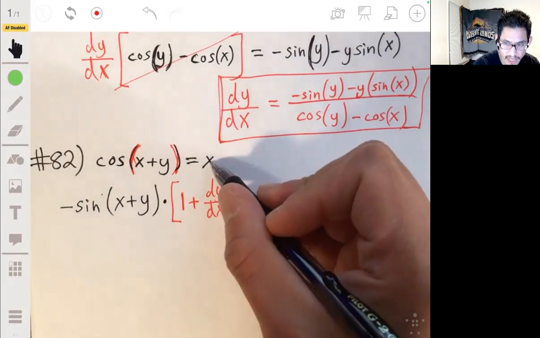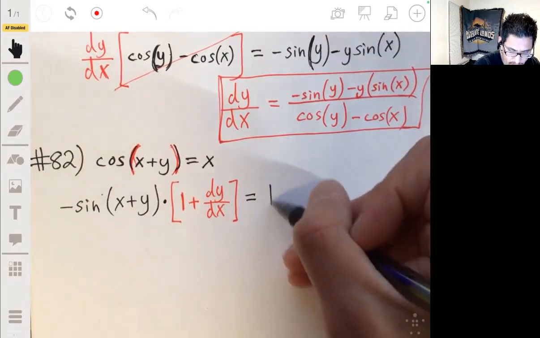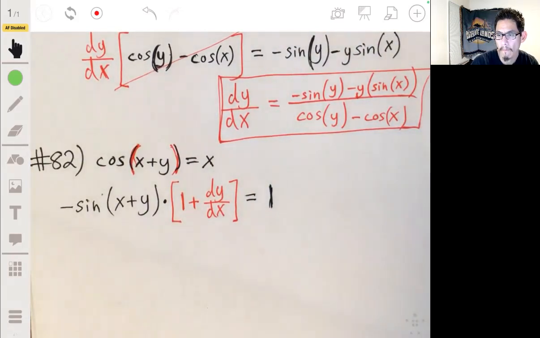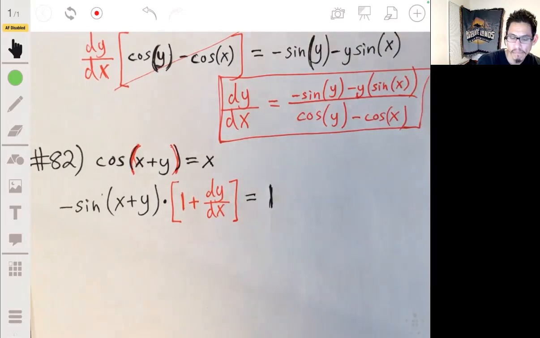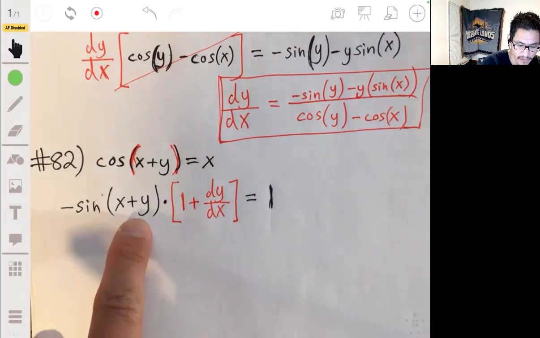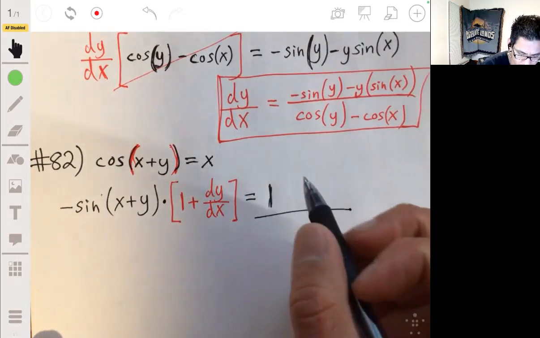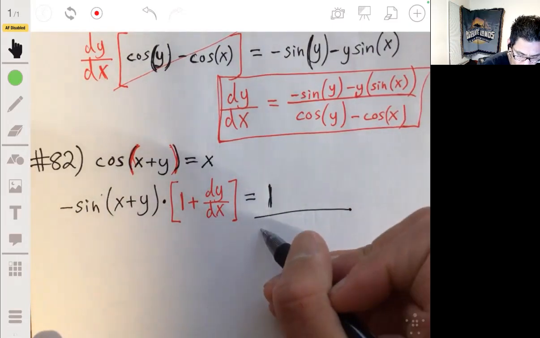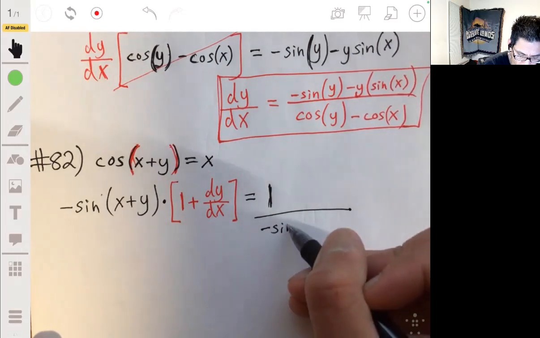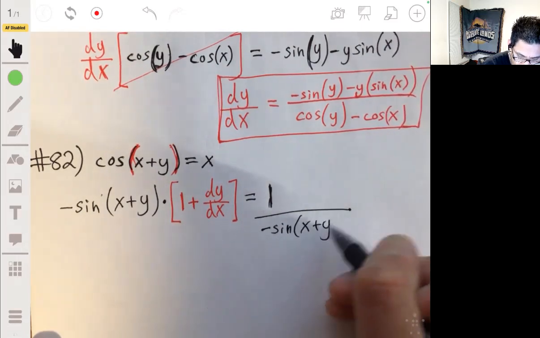equal to the derivative of x, which will just be 1. Then we can just divide both sides by this. So dividing both sides by the negative sine of x plus y.